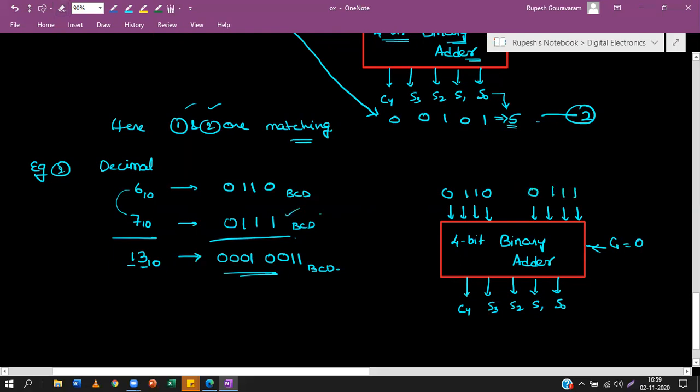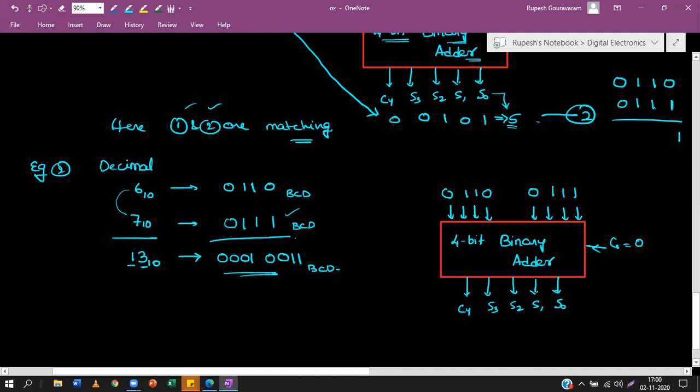Now if you perform the binary addition, 0110 added to 0111, what will you get?